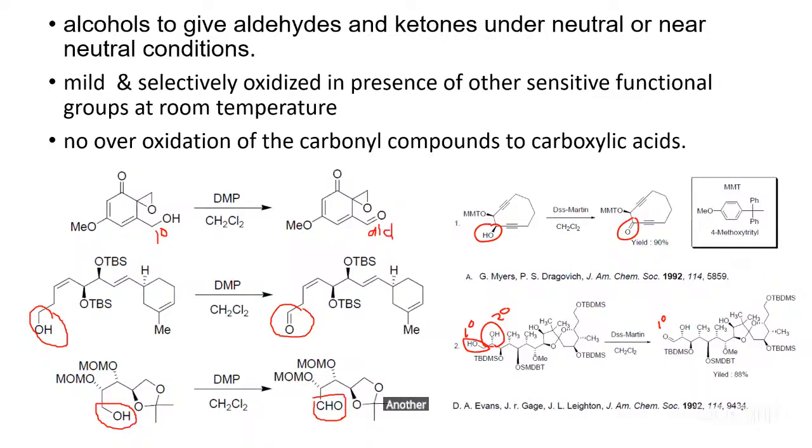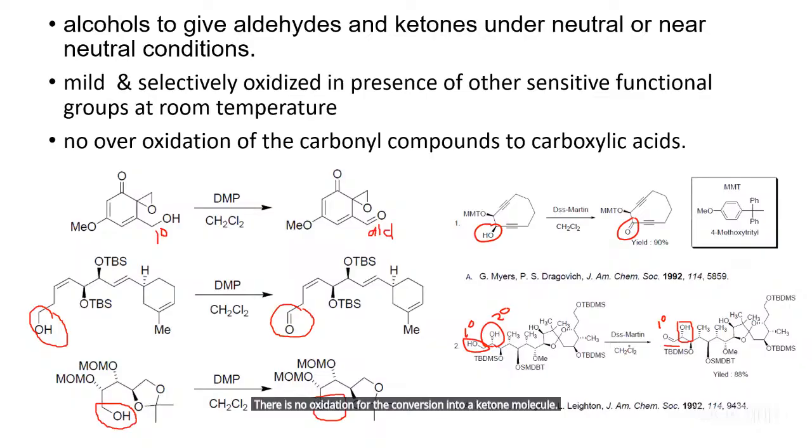Another article was published in the same journal in the same year, where we have two different alcohols, one a primary alcohol and one a secondary alcohol. But selectively, the primary alcohol is oxidized to an aldehyde, while the secondary alcohol remains intact. There is no oxidation or conversion into a ketone.